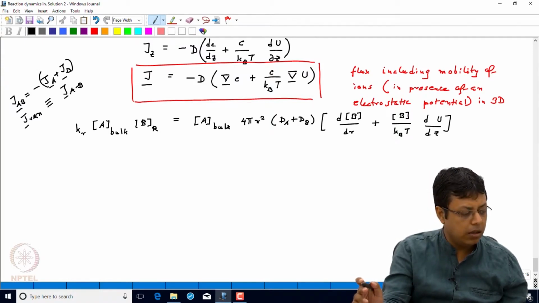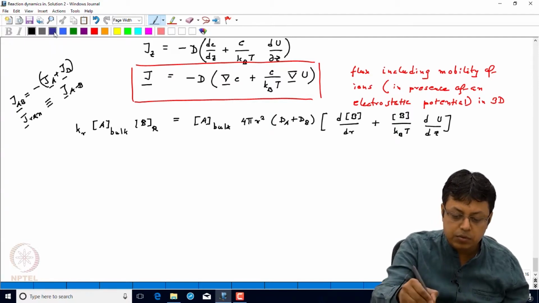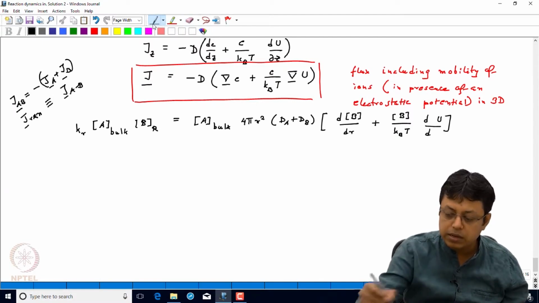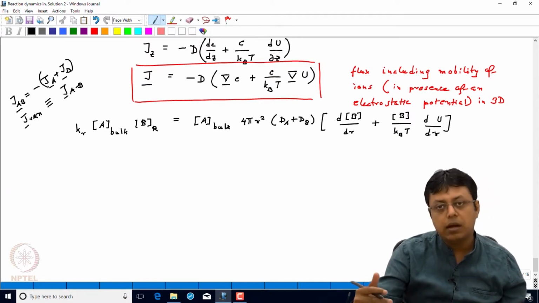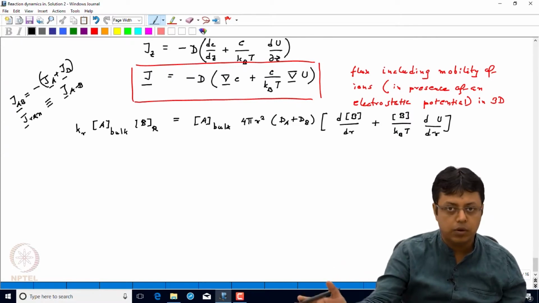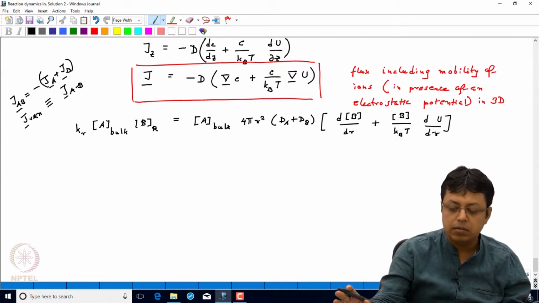Now again, ideally instead of du dz, I should use du dr, and I am not using the gradient sign here. The reason being, it is actually a gradient, but ultimately the gradient depends only on the radial coordinate, not on the angular coordinates. Now all we are left with is to rearrange and integrate this equation.